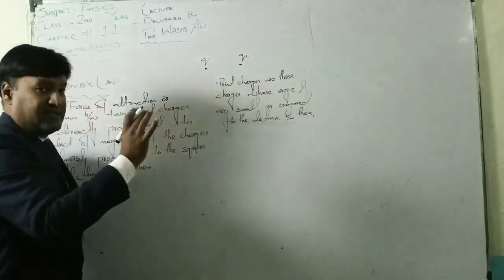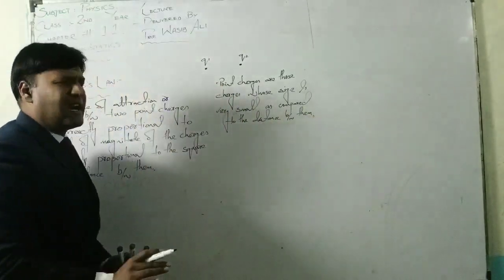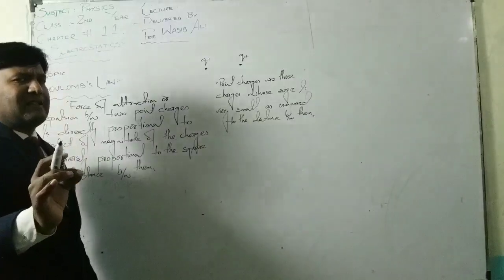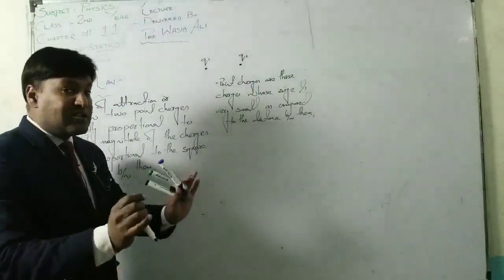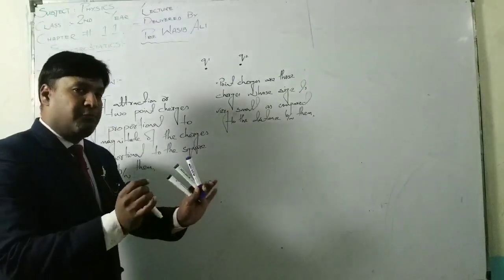You can see the size of the charges is very small, that is in micrometer, whereas the distance between them is very large. Such types of charges are known as point charges.